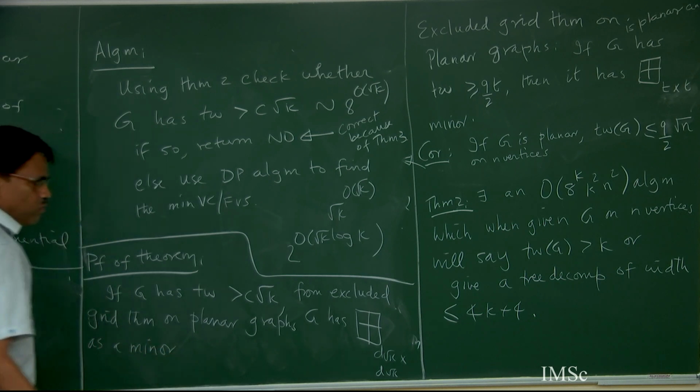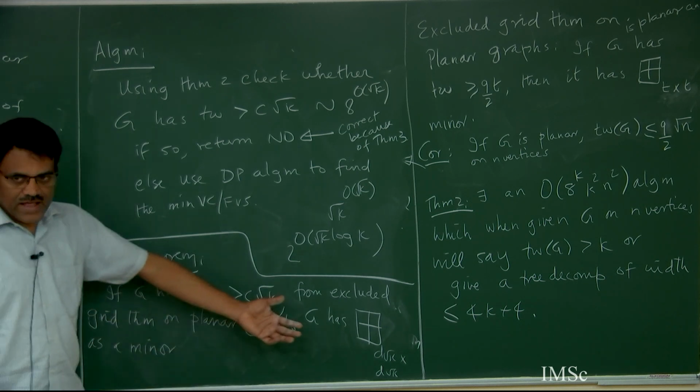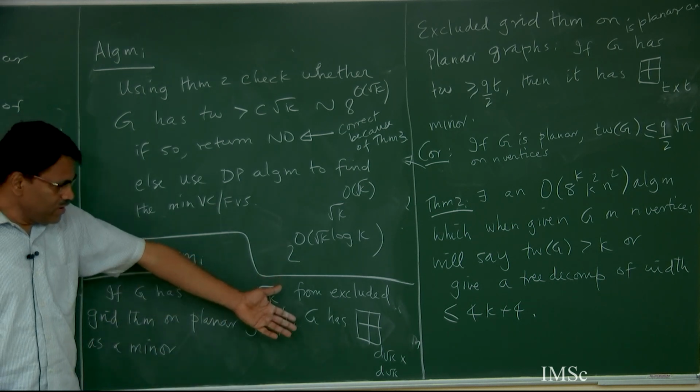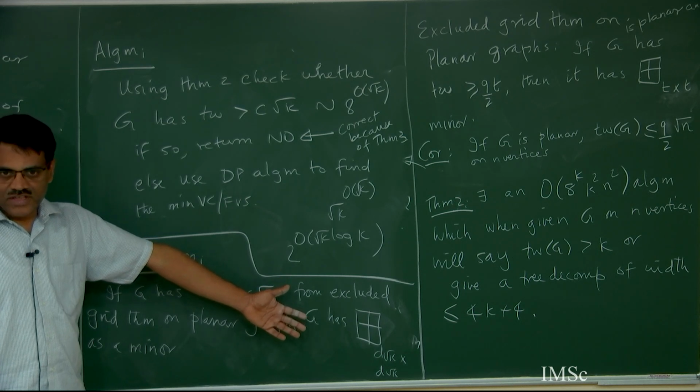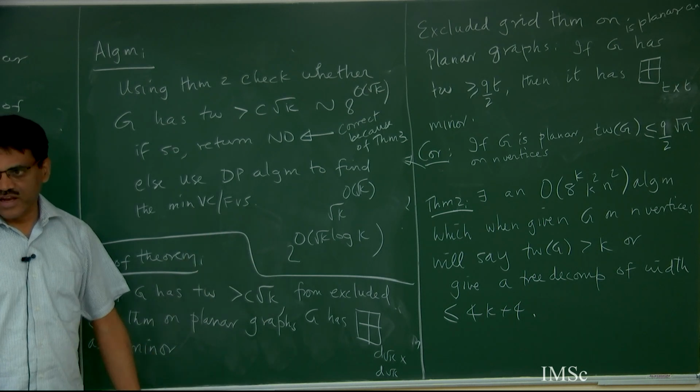What do I have to show? An upper bound or a lower bound? A lower bound. I want to show that if G has large tree width, the vertex cover or FES must be large. It must be, because this grid is sitting there. What is the vertex cover size of the grid, or the FES size of the grid?